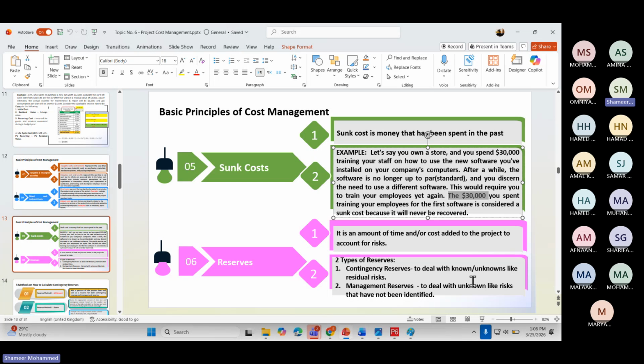You understand what is a sunk cost? Students, sunk cost, are you understanding? The cost which you have already spent and you cannot recover that money.